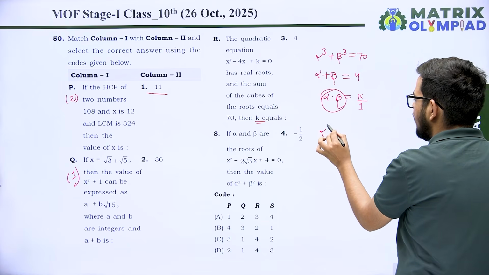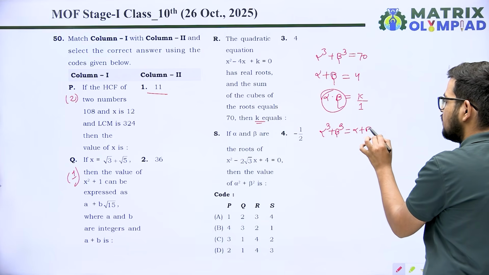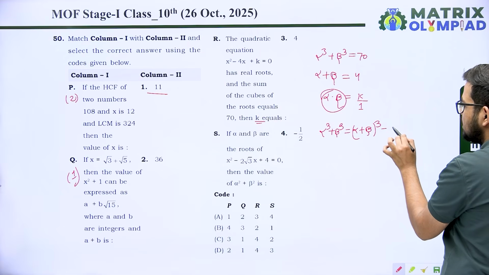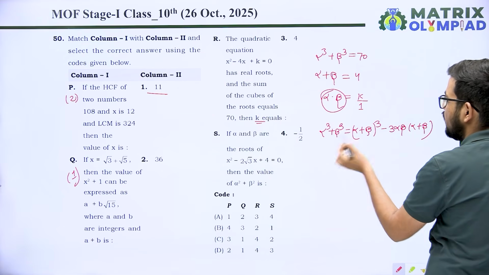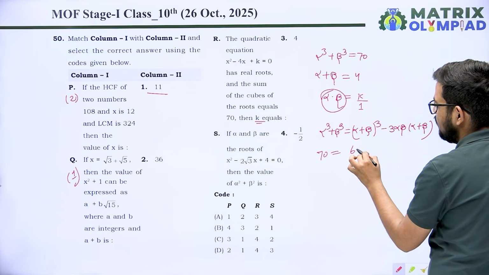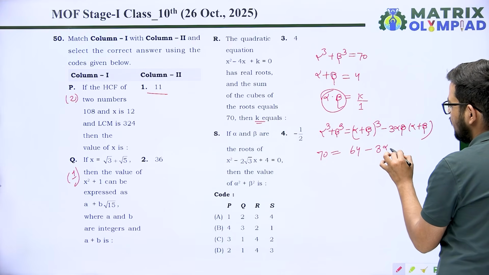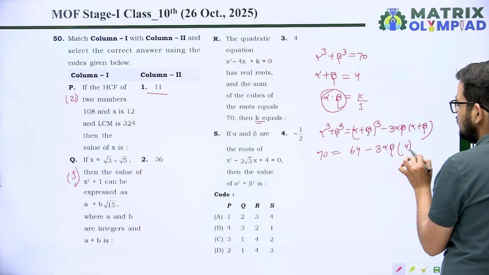So you know that alpha cube plus beta cube equals alpha plus beta whole cube minus 3 alpha beta into alpha plus beta. So alpha cube plus beta cube equals 70. Alpha plus beta whole cube, that is 64, minus 3 into alpha beta into alpha plus beta, that is 4.